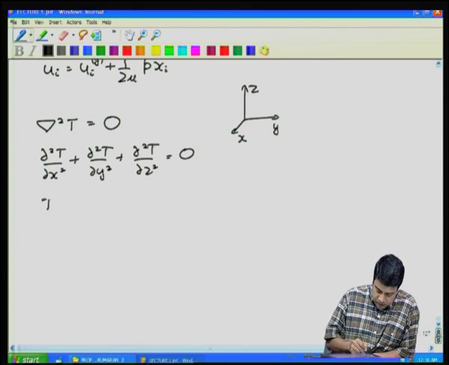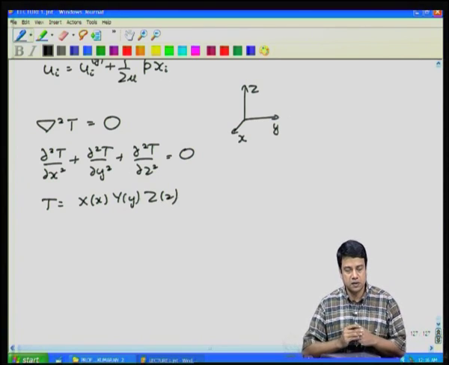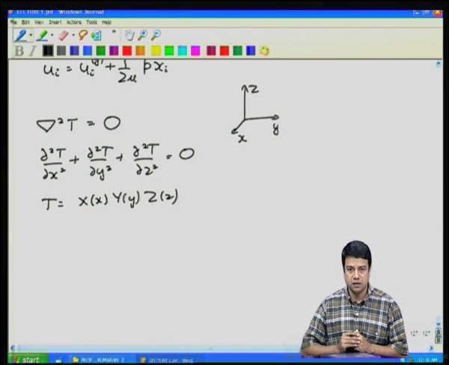T is equal to some function of x. Use the separation of variables to convert this partial differential equation into 3 ordinary differential equations. The homogeneous boundary conditions reduced to an eigenvalue problem in which you had a set of discrete eigenvalues and eigenfunctions, and orthogonality relations were used for that case.